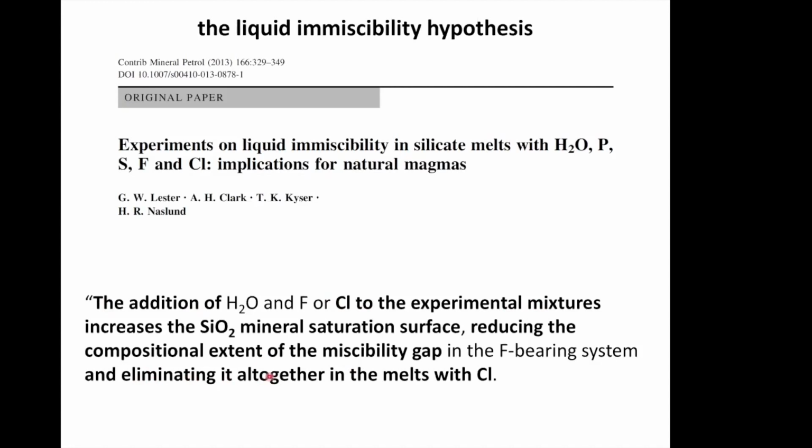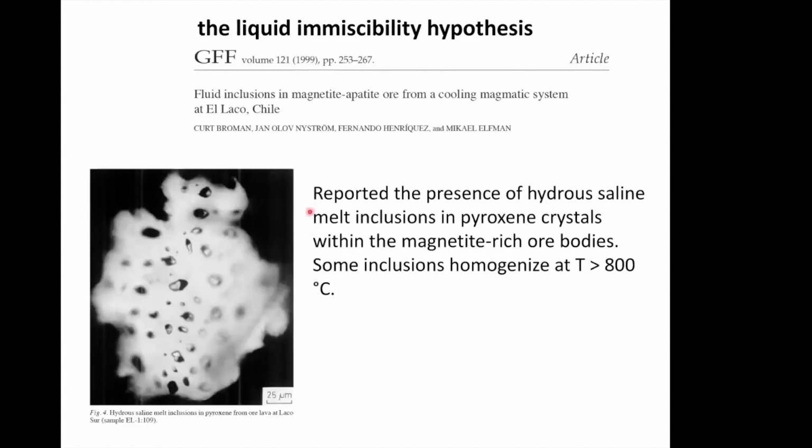And that's really important. These experimental data demonstrate that if you add chlorine to a silicate melt, you cannot get immiscible liquids forming during the evolution of that parent silicate melt. And we know from Laco that the system was chlorine rich.